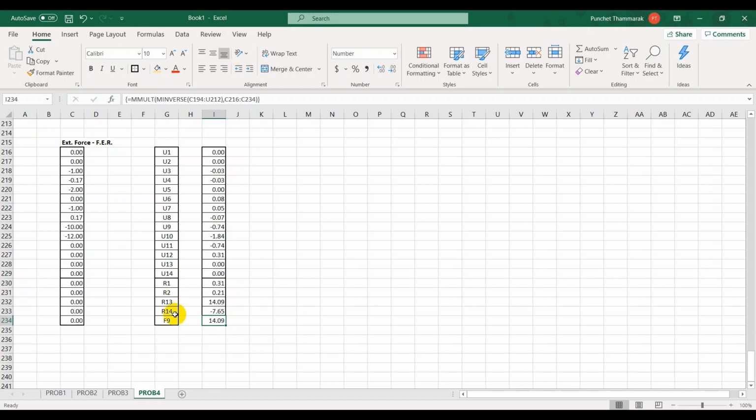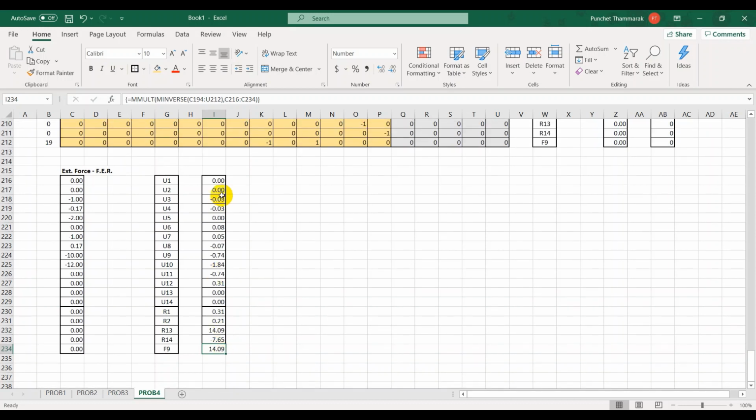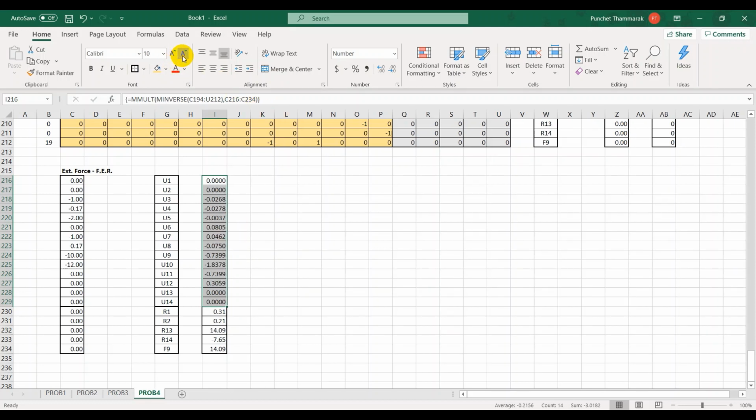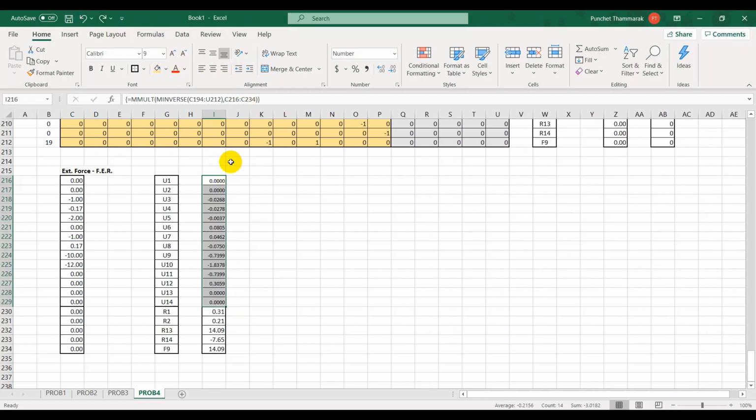Okay, R1, R2, 13, 14, and there you go, 14. All right. Okay, so it is clear. Yeah, I just keep it this way.